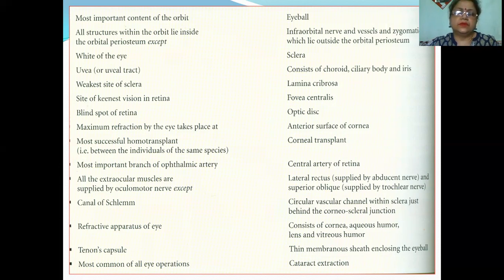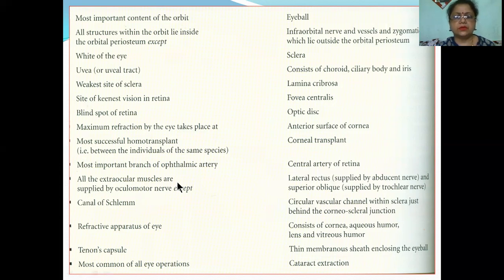That is mainly done for the refractive errors. Most successful homotransplant, that is between individuals of the same species, is the corneal transplant. Most important branch of the ophthalmic artery is the central artery of the retina. Why? Because if it is blocked, there will be sudden blockage of the artery, which will give sudden blindness.